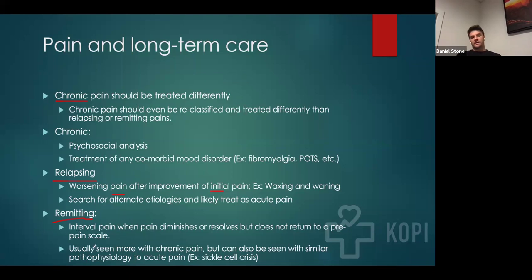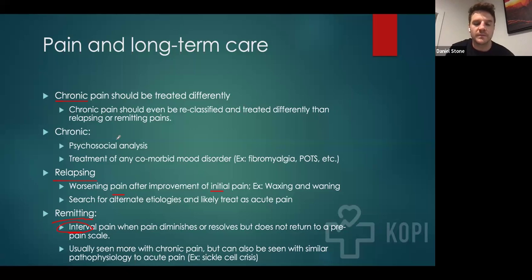Remitting pain is also a type of interval pain that occurs when you're having longstanding pain that never really goes away, and you receive a flare. Examples of that would be things like chronic back pain.